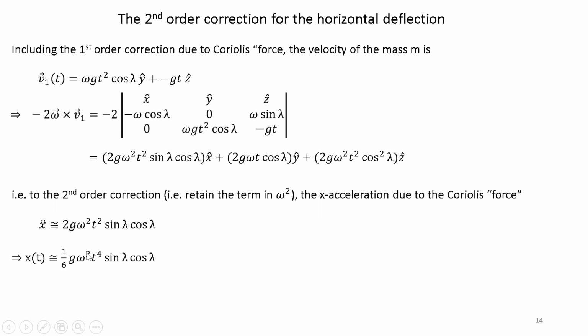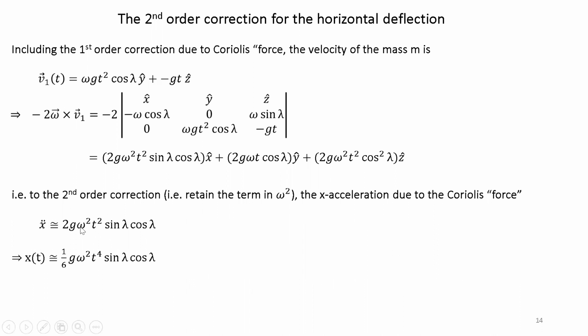Omega and omega square. You actually understand that omega is a very small number. It takes a day for the Earth to complete one full revolution.